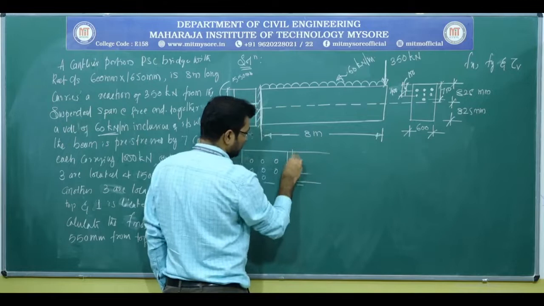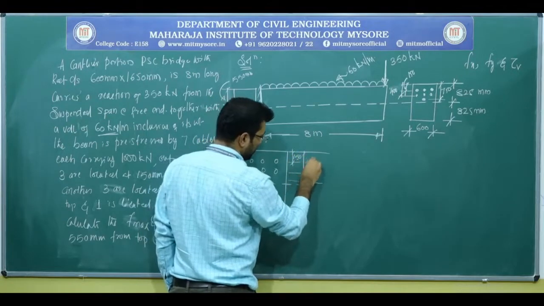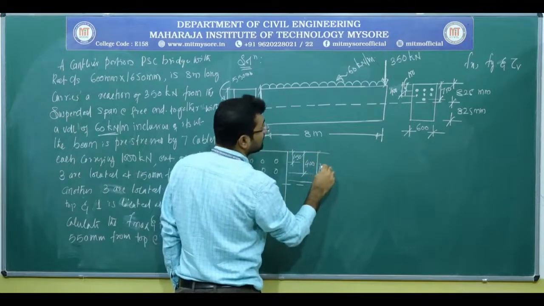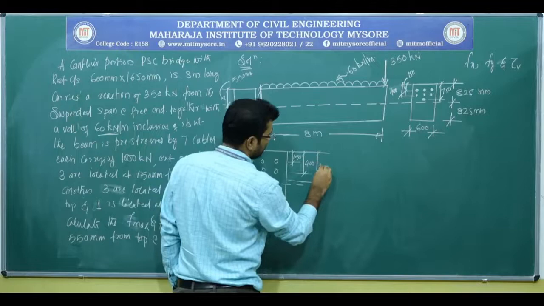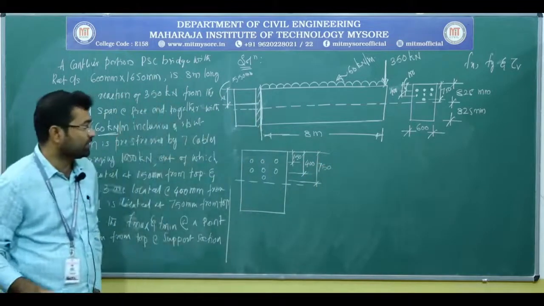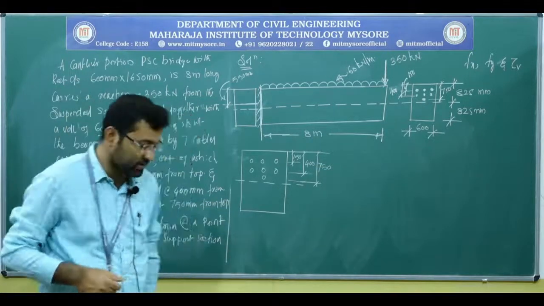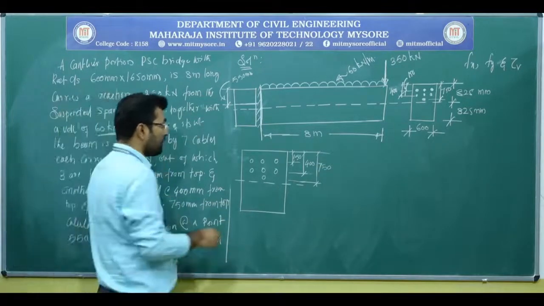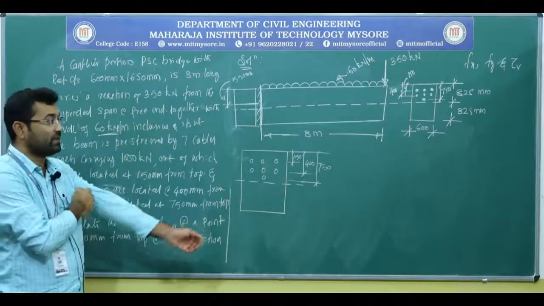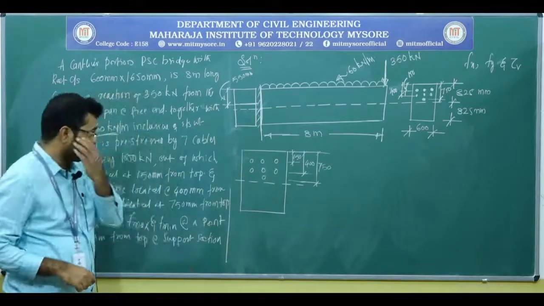Here this is 150 millimeter, this is 400 millimeter and this distance is 750 millimeter. So because of all these different configurations of the cables, we have to calculate the net or effective eccentricity of the cable with respect to top or with respect to bottom.